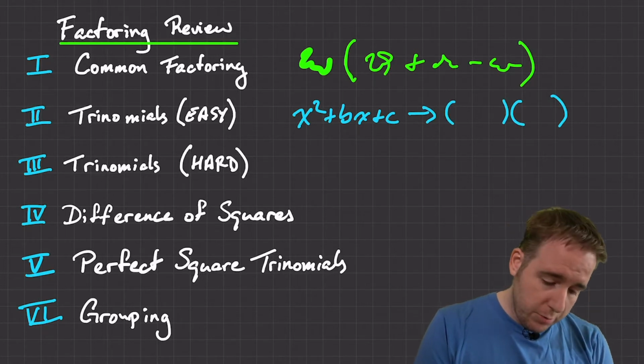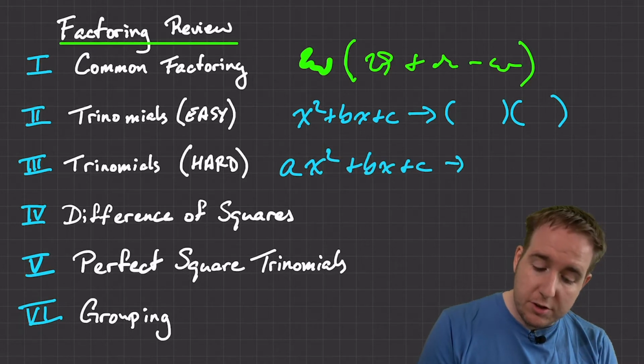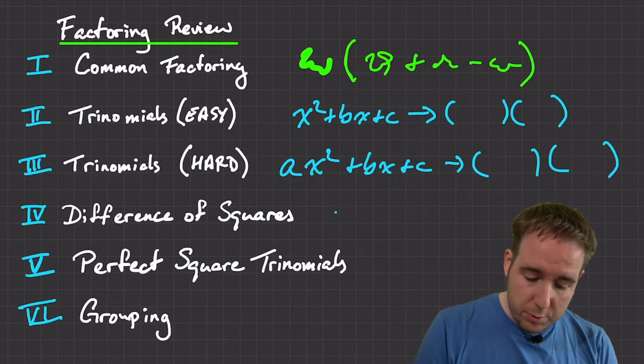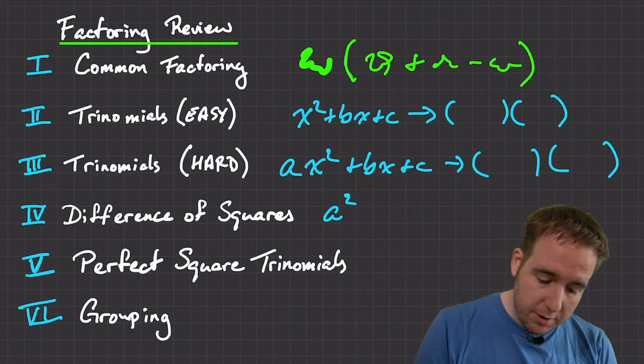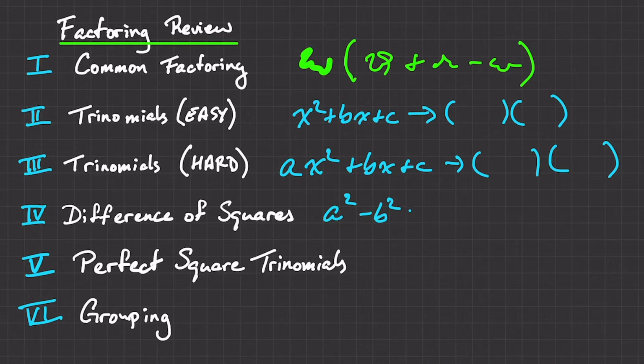The hard version, where you put a letter in front, ax squared plus something x plus something, still turns into two brackets, but it's more work. There is difference of squares, where you have something squared minus something squared, and that turns into two brackets, where one of them is plus and one of them is minus. Perfect square trinomials, which will turn into something plus something squared, and grouping, which is, well, grouping is grouping.